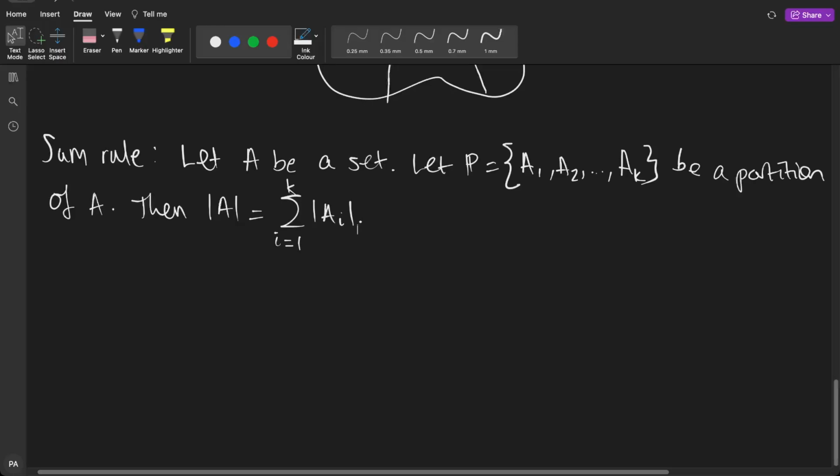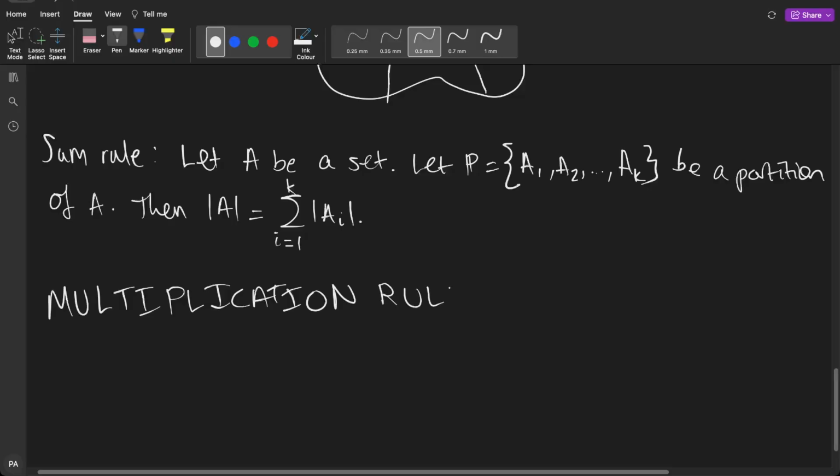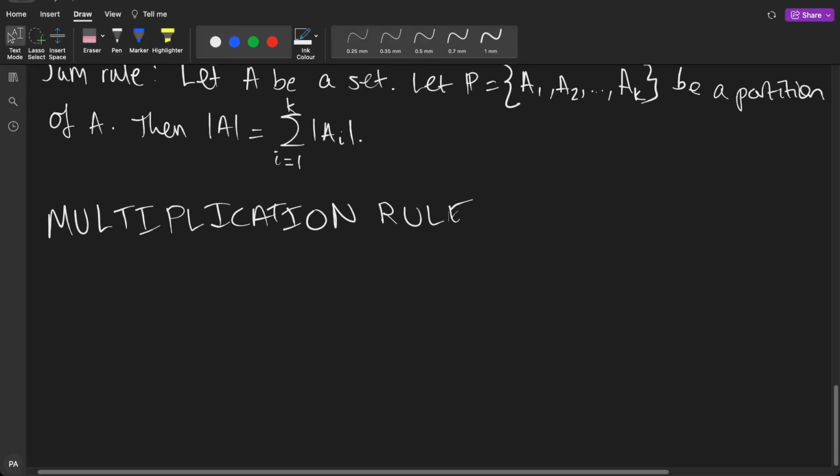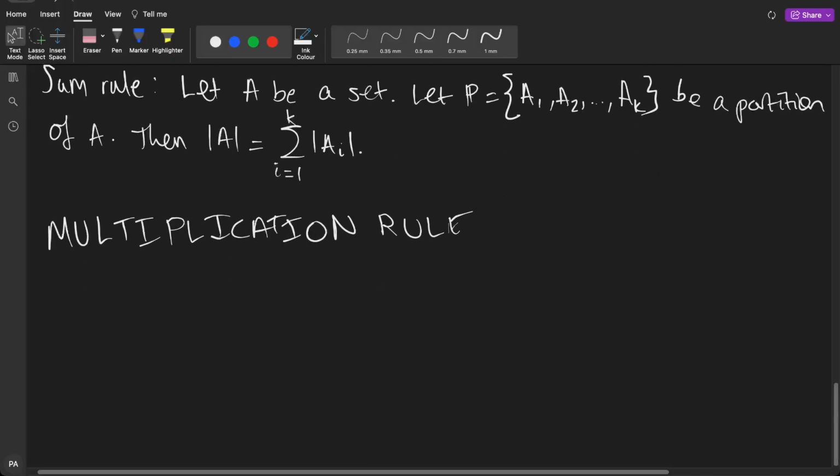And that brings me on nicely to the multiplication rule, which I would call the most important rule in combinatorics. It is used everywhere and we will use it a lot in the future.